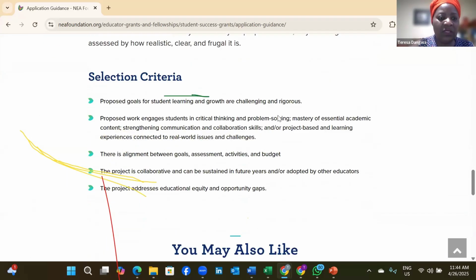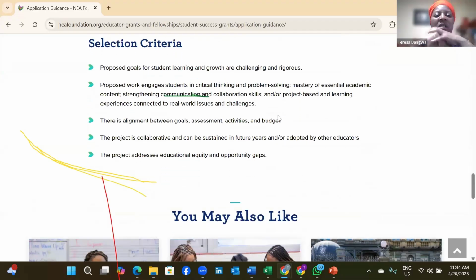So you see with this one, here's the selection of proposals. Goals for student learning and growth are challenging and rigorous. So if your proposal is not challenging or rigorous, then you don't qualify. Proposed work engages students in critical thinking and problem solving, mastery of essential academic content, strengthening communication and collaboration skills, or project-based learning experiences connected to real-world issues and challenges.